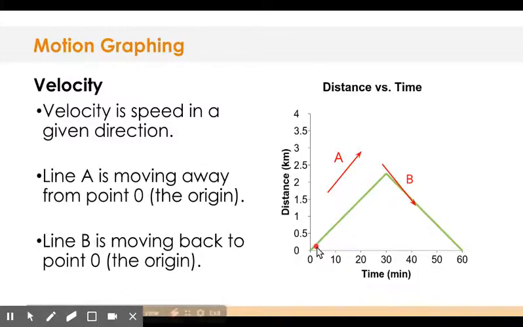And so the velocity has changed, even though the speed stays constant. The amount of time is staying the same, but the velocity changes as you go back to point A.